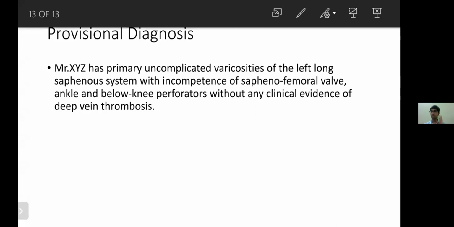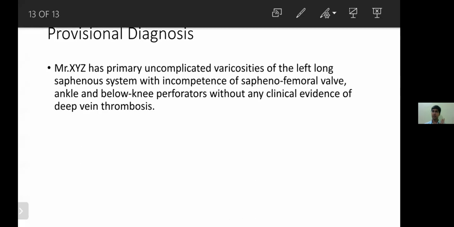Third, saphena varix. As I said, SFJ incompetence, the bulge seen near the SFJ because of retrograde flow. To test, Morris's cough impulse test. The fourth thing is Gaiter's zone, which I already discussed. Gaiter's zone is the zone around the ankle, commonly prone to varicose ulcer and varicose veins.